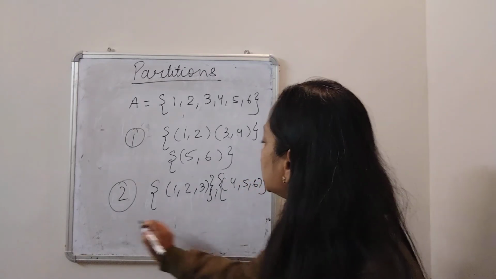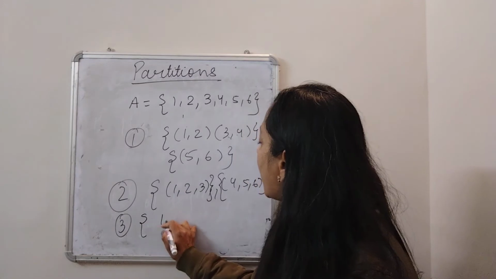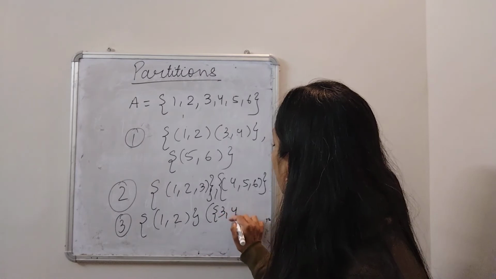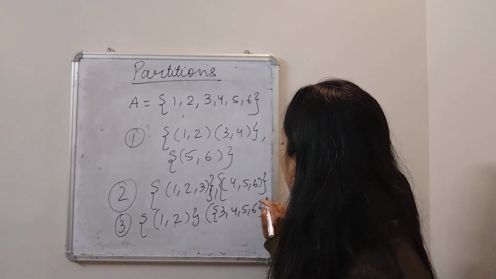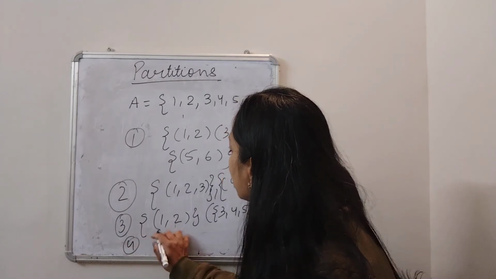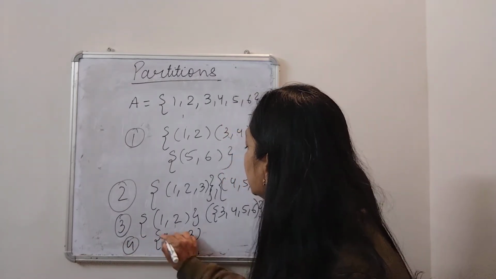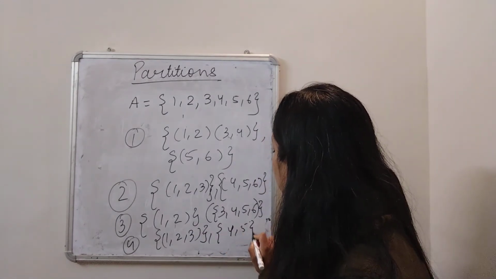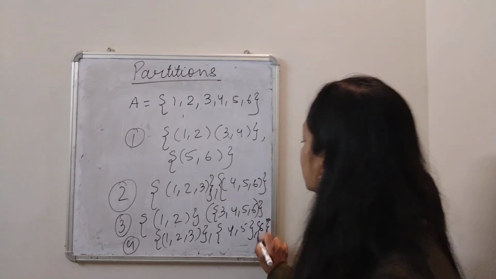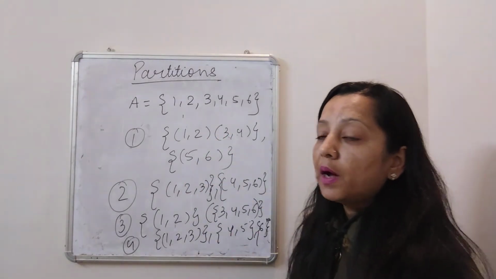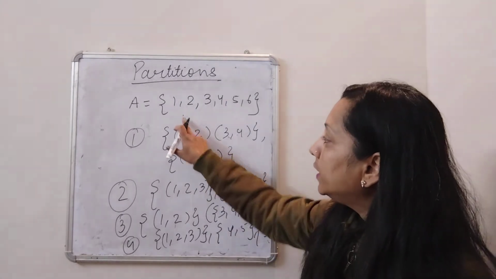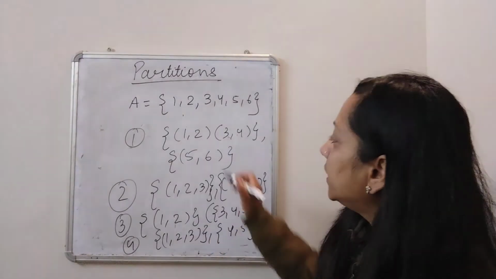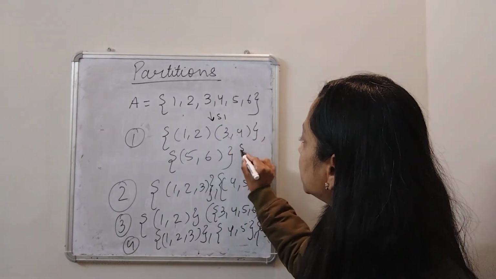A third partition can be like 1, 2, then 3, 4, 5, 6, or we can have partitions like this: 1, 2, 3, then 4, 5, then 6. So in any manner you can have the partitions, but the only condition is that all the elements must be there in one subset and none of the elements must be repeated in any of the subsets.